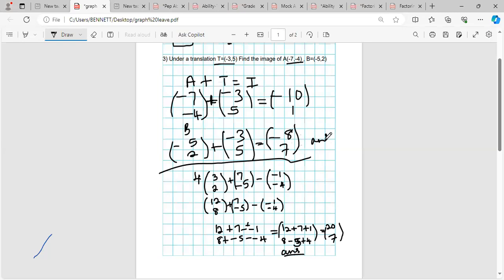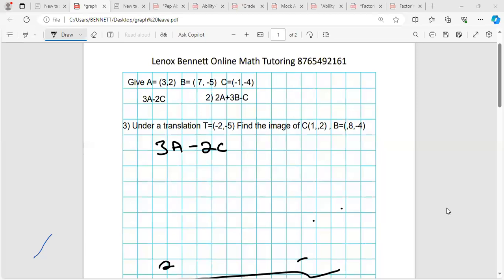Alright. So guys, let us see if we can practice some more for the 26 minutes we have left. Alright, so 3a minus 2c, so we know, set it back again, right? A now would be 3, 2, so yes, put back a 3, 2.